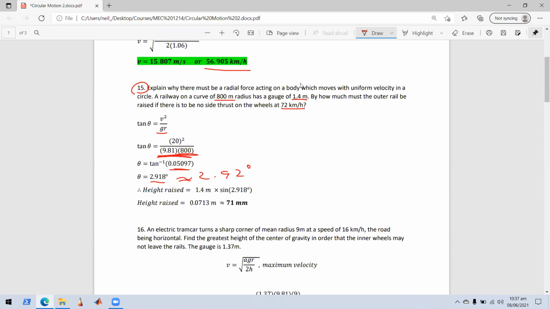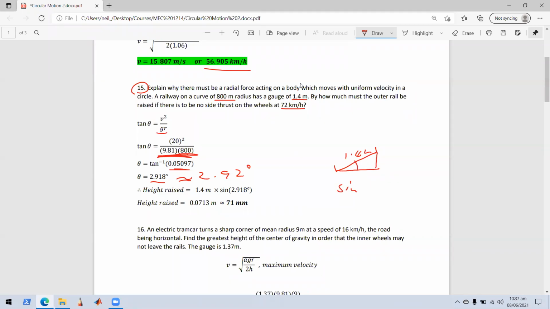Now using that, we can find the height that needs to be raised, because the gauge is 1.4 meters. So here to here, 1.4 meters. The angle, we know that this here is the opposite.